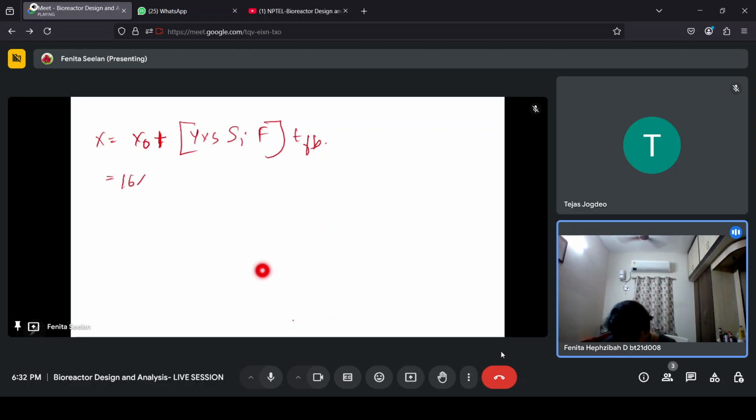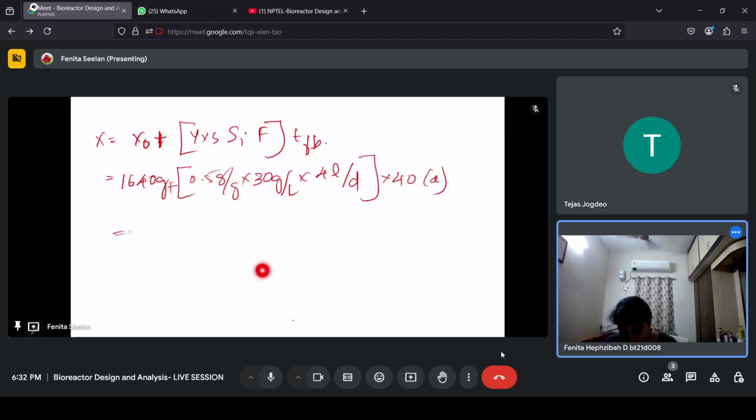So the X naught is 1640 gram plus Yx/s is 0.5 gram per gram into initial substrate 30 gram per liter into flow rate 4 liter per day into fed batch time is 40 days. If you do the calculation, please let's solve and find the answer for this question. So what would be the answer?